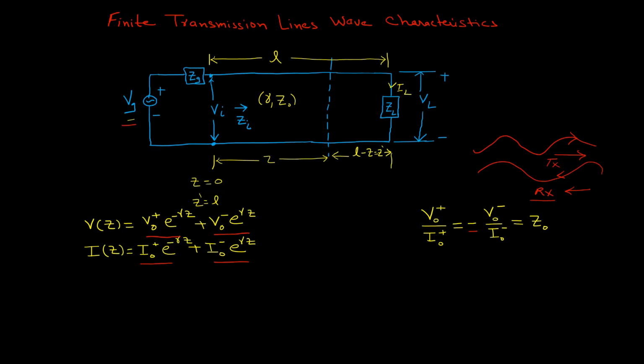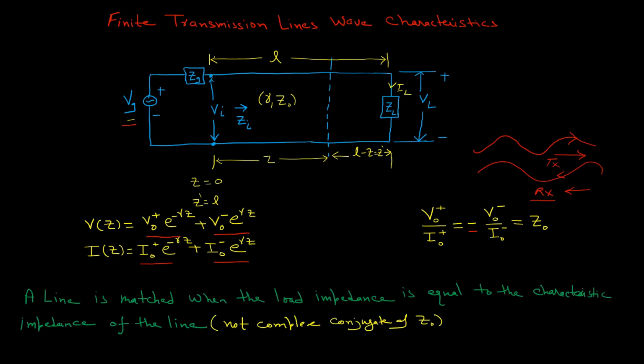But for a transmission line, the matching concept is slightly different. The line is matched when the load impedance is equal to the characteristic impedance of the line. You can say that this transmission line is matched when the load impedance is equal to the characteristic impedance, not the complex conjugate of Z0. So there is a slight difference in the concept. You have to remember this concept.